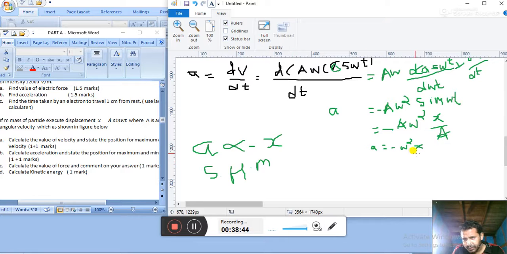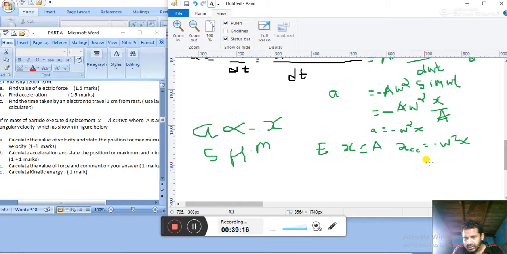Now at the extreme position, x equals a, so the acceleration equals minus omega square a. This is the maximum acceleration, and it occurs at the extreme position.